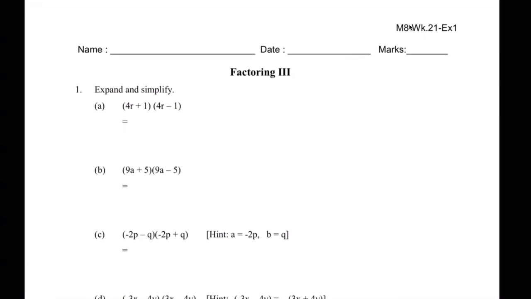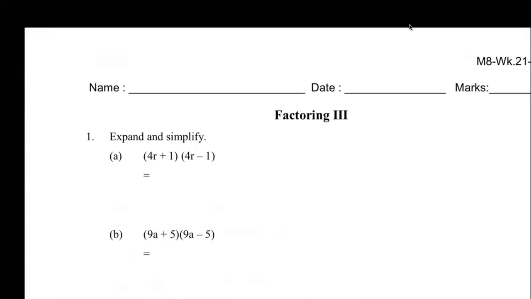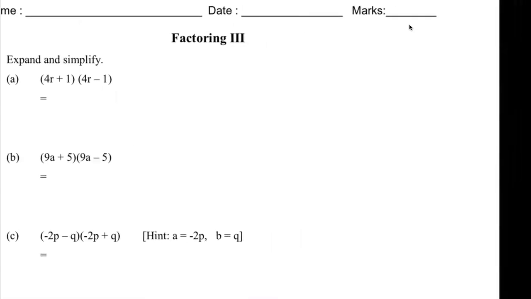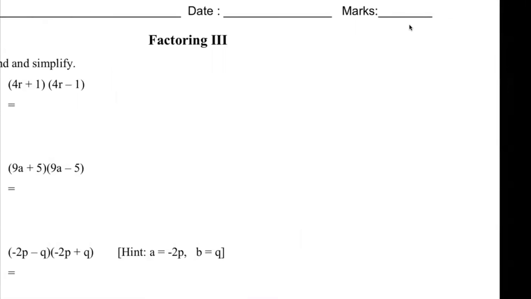Okay, so in week 21, we learned a few formulas. These formulas are very, very important, so I'm just going to write all of them here. A plus b times a minus b is equal to a squared minus b squared.